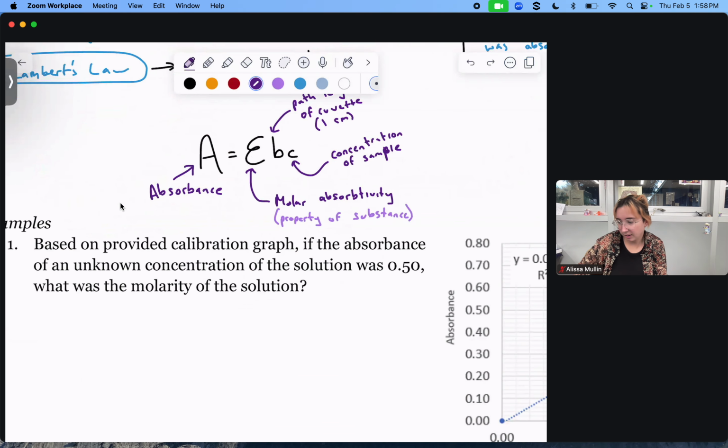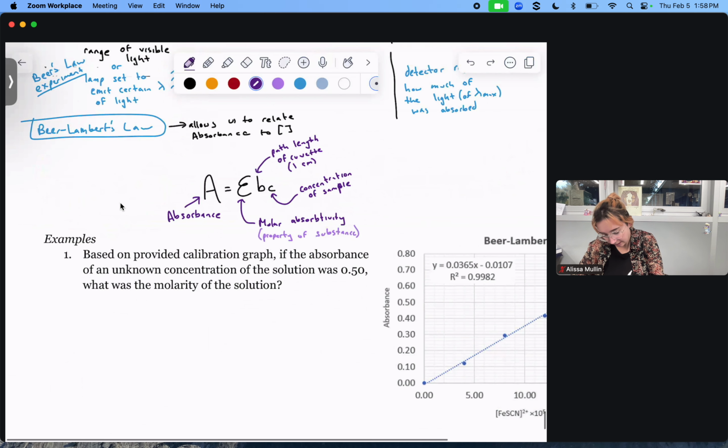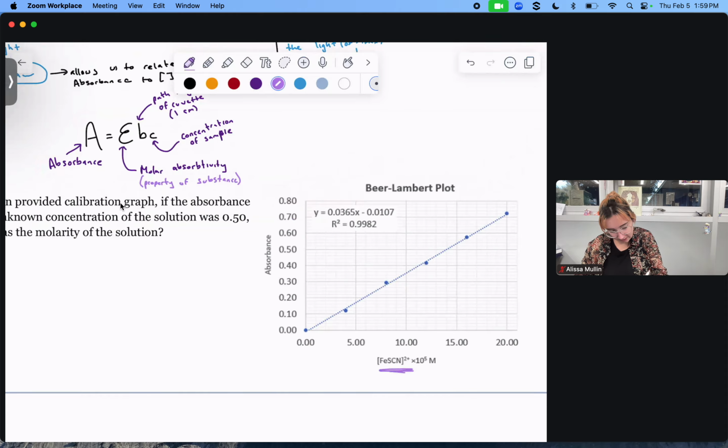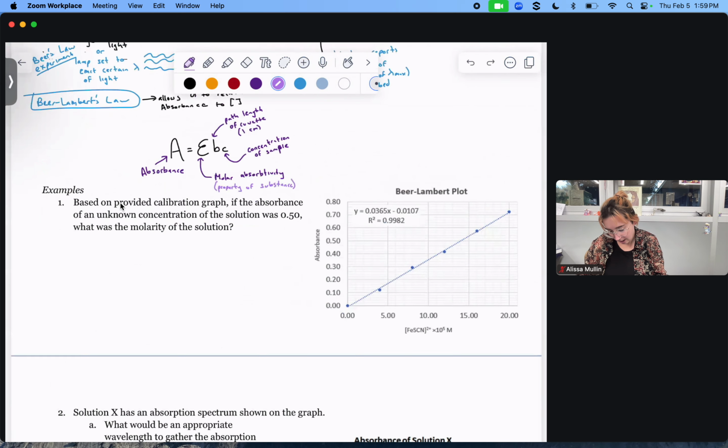If you have certain known concentrations, and then measure absorbances, here's your Y, here's your X, and you could make a linear graph of this, such as the one in this next example. So you can see that they had known concentrations that they graphed against the absorbances.